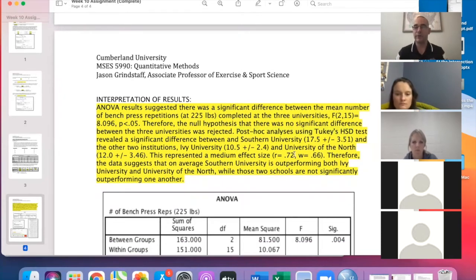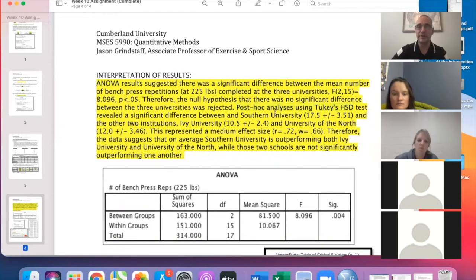What's very helpful here is to report your mean and your standard deviation for these groups. In this case, the mean for Southern is 17.5 plus or minus the standard deviation. So there was a significant difference between Southern University and the other two institutions.